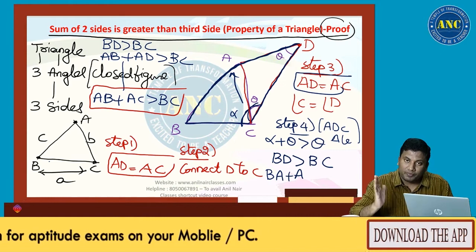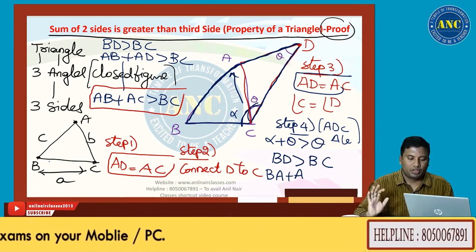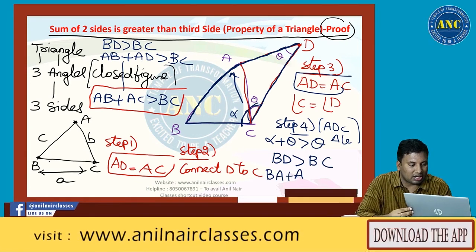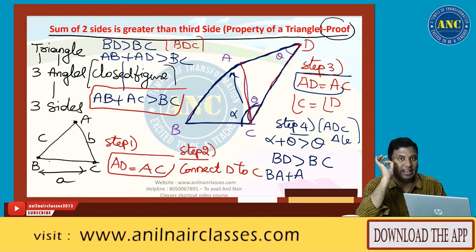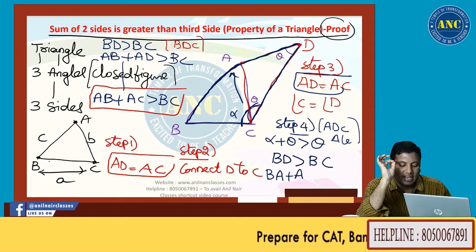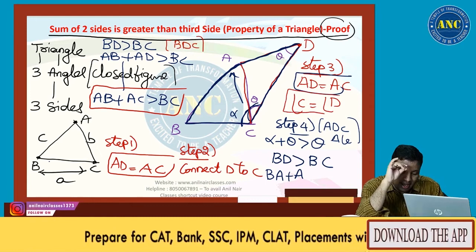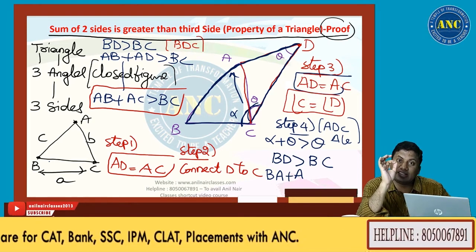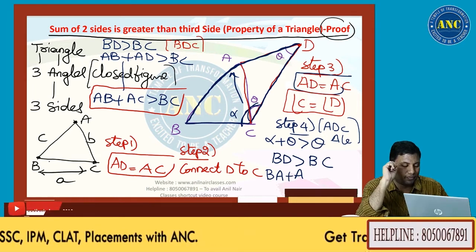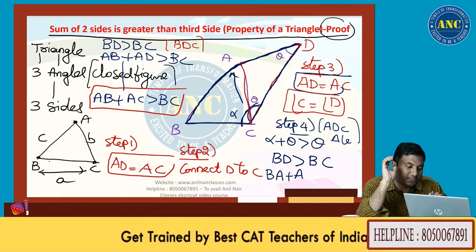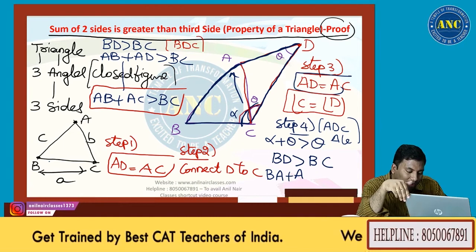Step number 4: from D, join that line to C. Now I get a triangle BDC. Taking the smaller triangle ADC, AD is equal to AC, so angle C is equal to angle D. Step number 5: because in ABC there is an angle alpha at C, the total angle at C in triangle BDC becomes alpha plus theta.